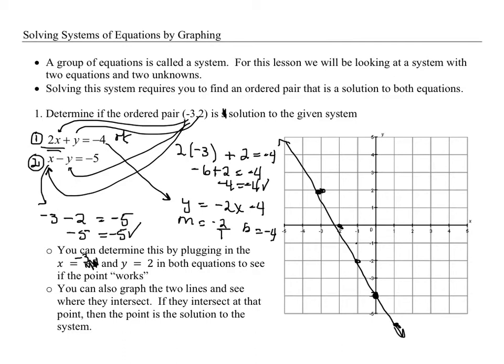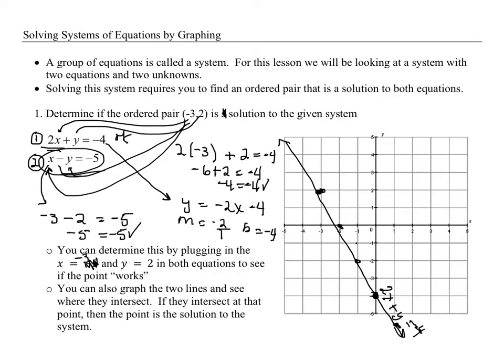Since I'm graphing two lines, I should label them so I know which is which. So this first line is 2x plus y is equal to negative 4.